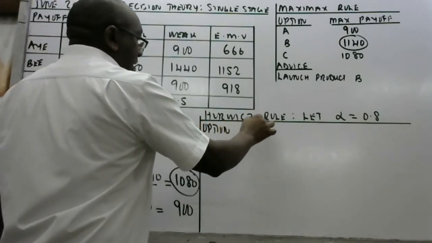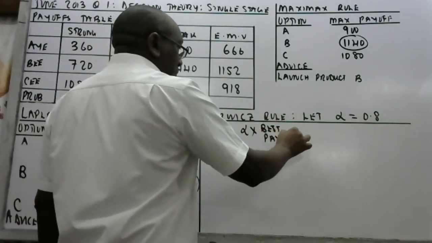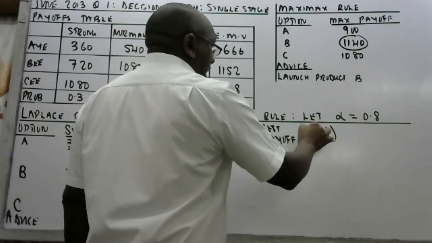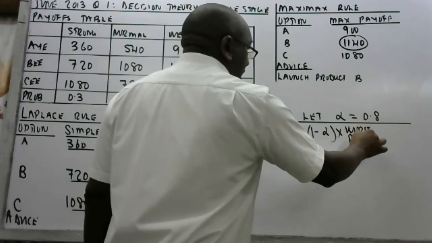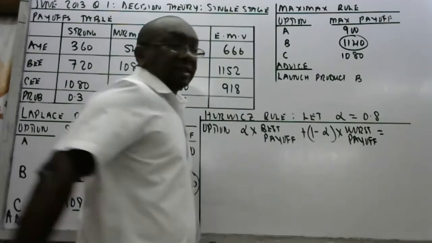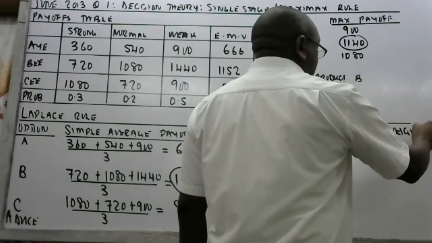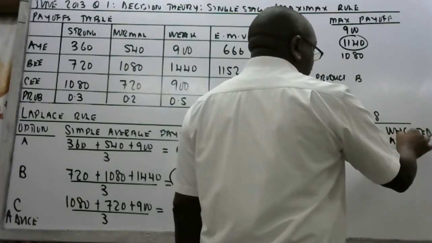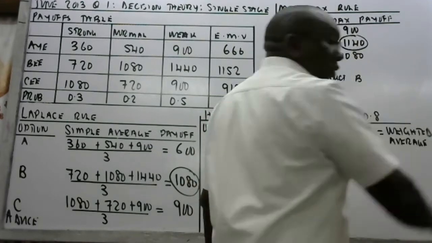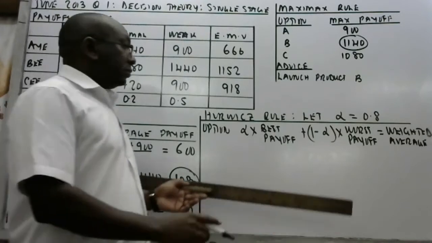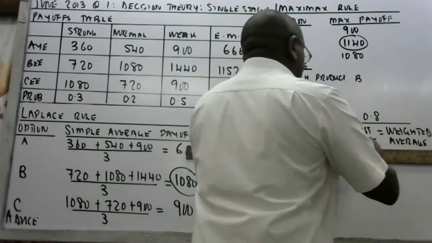Then you get alpha times the best payoff, plus 1 minus alpha times the worst payoff, and you get something we call weighted average payoff.